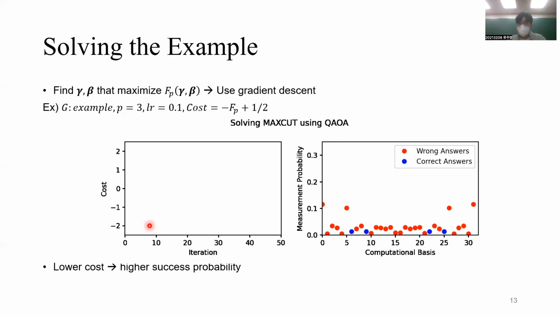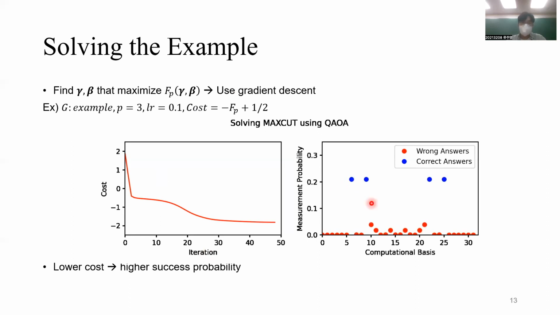And this is the learning curve. This is actually a video. So this is the learning curve, and this is the measurement probability. Let's see how the measurement probability changes as the cost changes. Okay, so we can see that when the cost is lowered, the success probability increases.